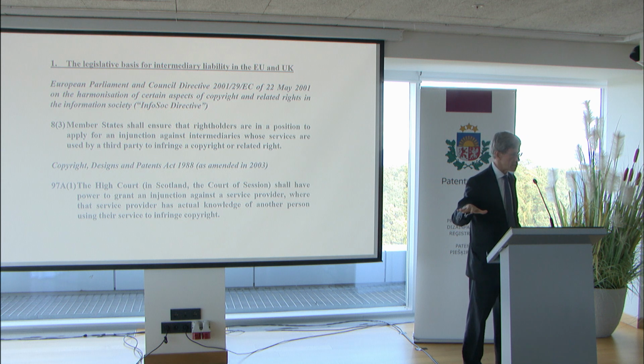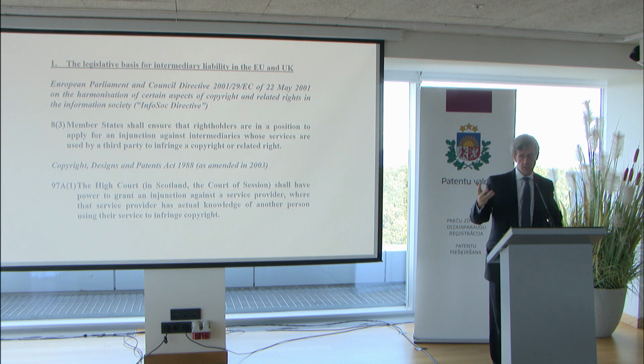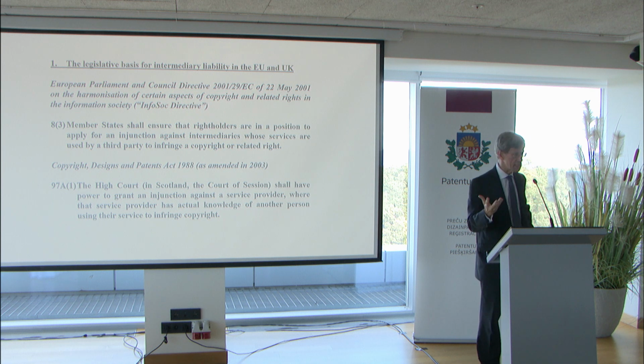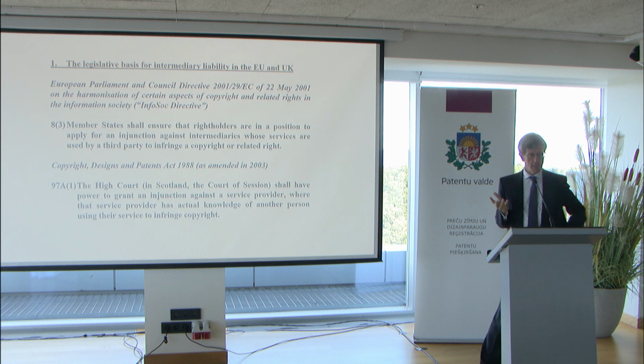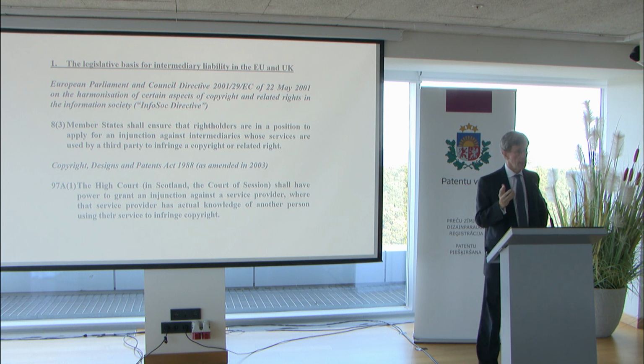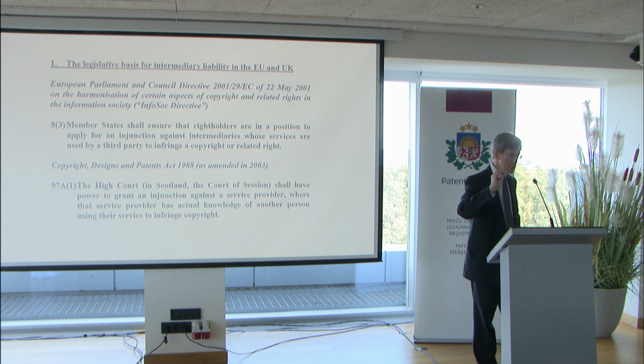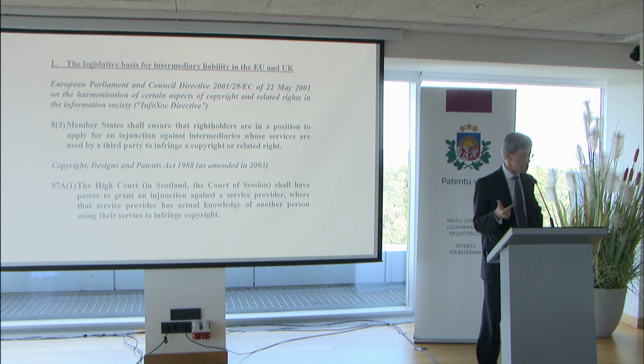We knew nothing about it. But some systems of law have had this for many years. So the classic example is German law. German law has a doctrine known as Störerhaftung. And this is a conception of liability which is distinct both from primary and accessory liability.